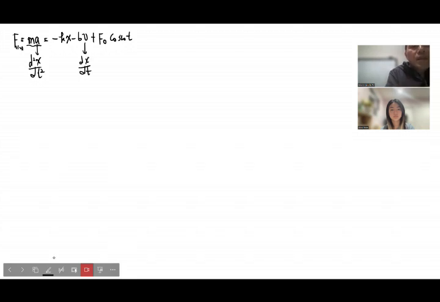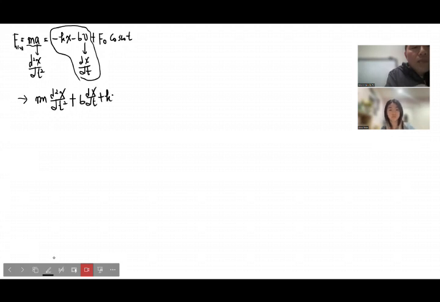Now if you move these two terms from the right-hand side to the left-hand side, that gives m d squared x over dt squared plus b dx over dt plus kx equals F naught cosine omega t.